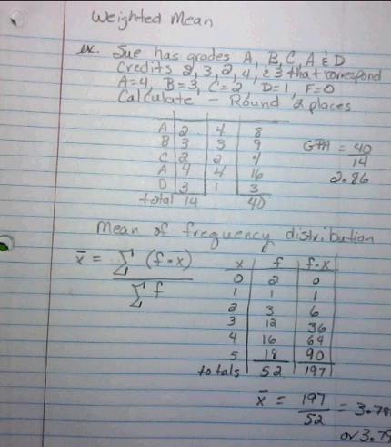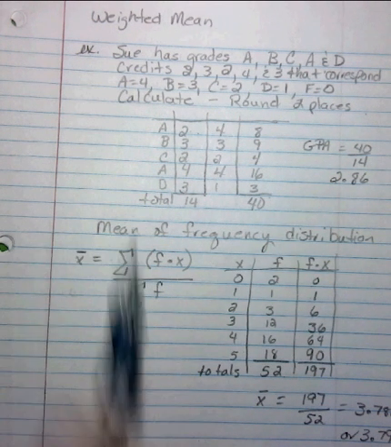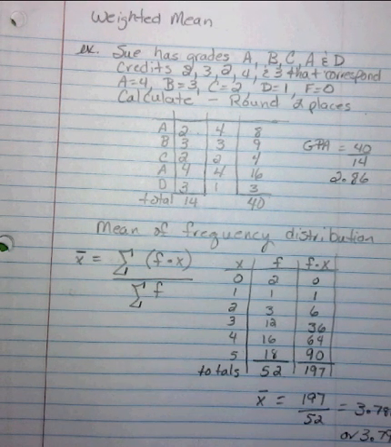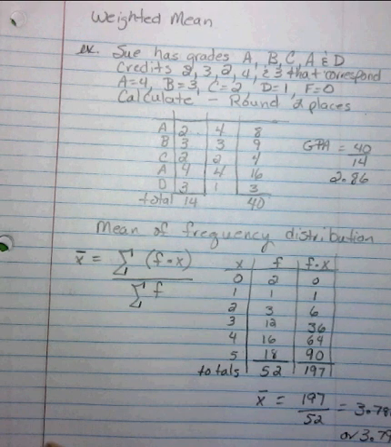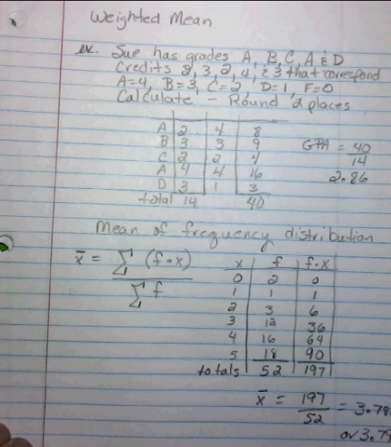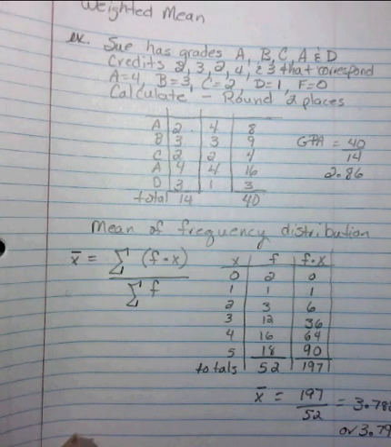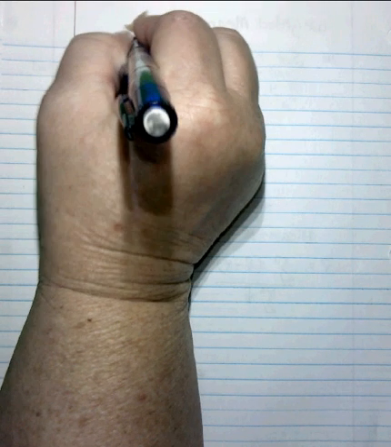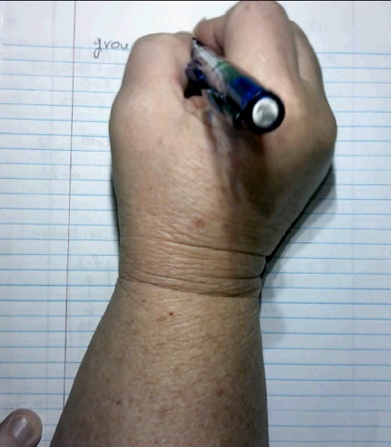So again, we took how we did this weighted mean and applied it to the frequency distribution, and they are very similar types of problems that we can do. My last example for this video is for a grouped frequency distribution and how to do that particular problem. And what really makes this a little bit different is we have to think about the midpoints for a grouped frequency distribution.